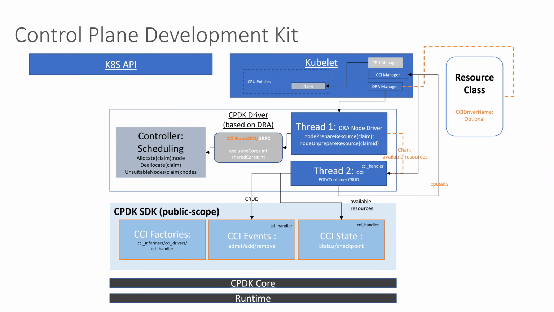Yeah, because then what you have to change from the Kubernetes perspective is very small, right? Right. All you end up having to do is add the logic in the kubelet that knows how to call out to a CCI manager instead of a DRA manager, based on what has registered itself with the kubelet and what the driver name of the resource class is.